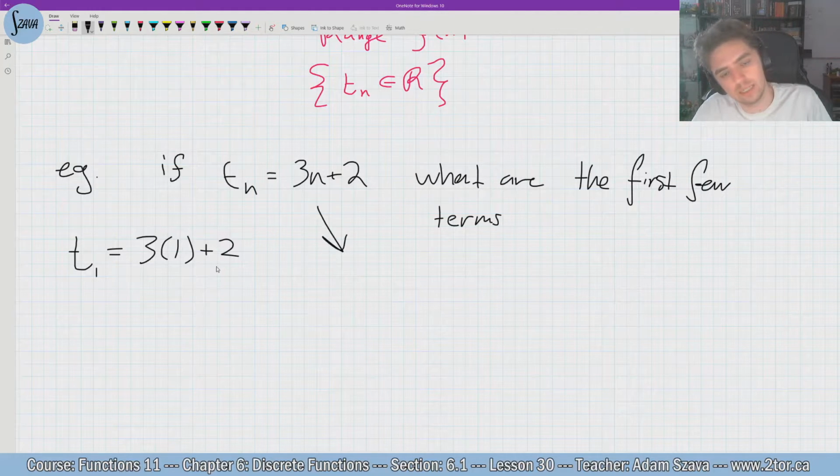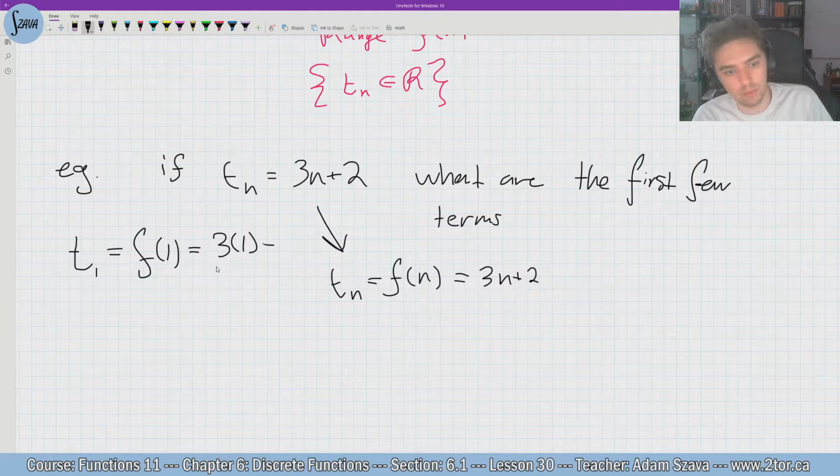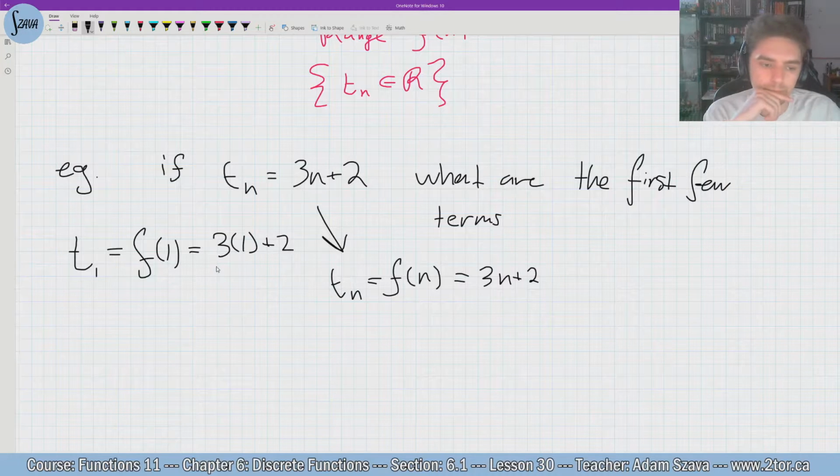So we can just say that Tn is the same as f of n, just 3n plus 2. And so T1 is the same as f of 1, something you're familiar with. It would just be 3 times 1 plus 2, which is 5.